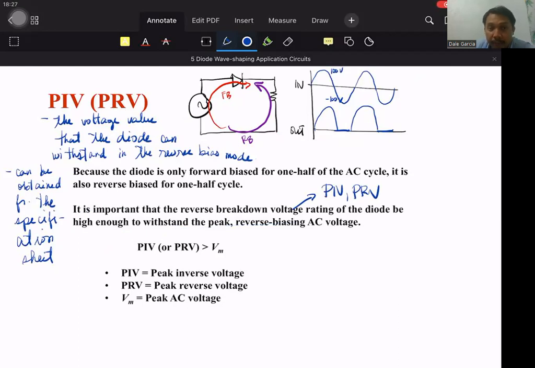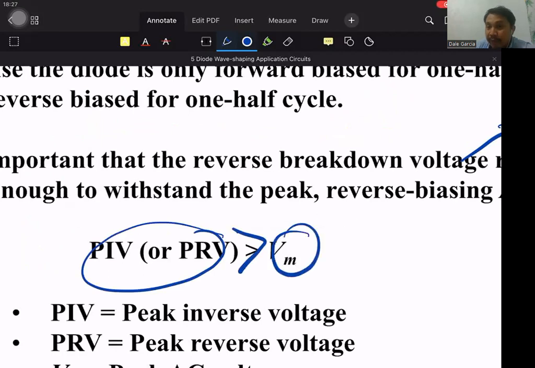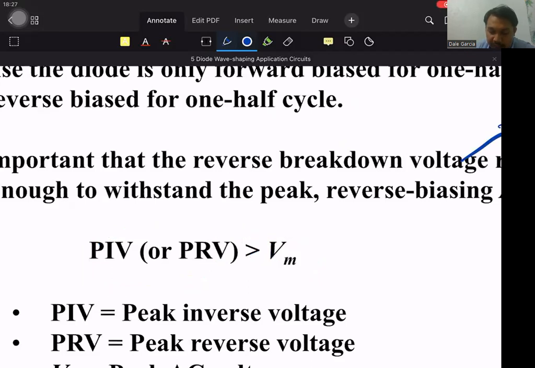So whatever is written on the specification sheet, that value should be greater than our expected signal source VM. Okay, so wala ng idea here.